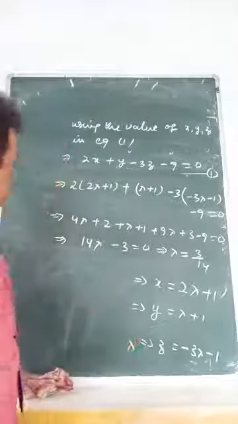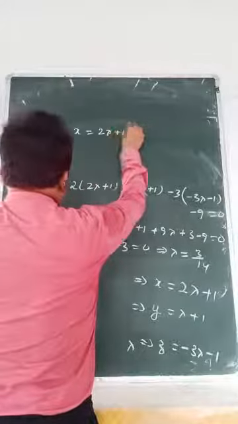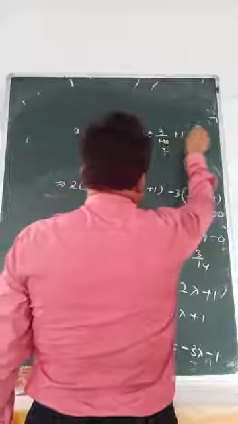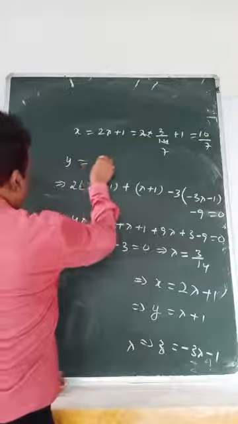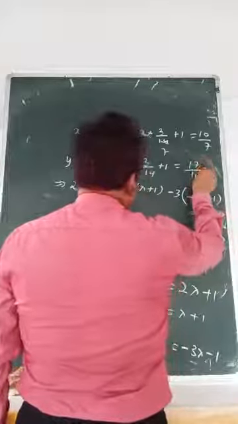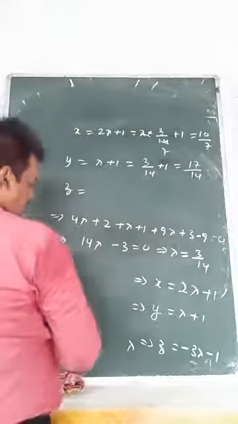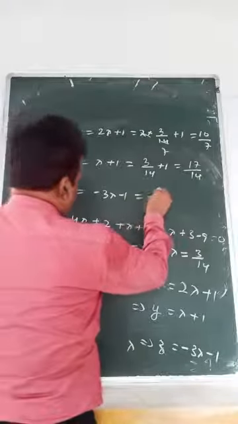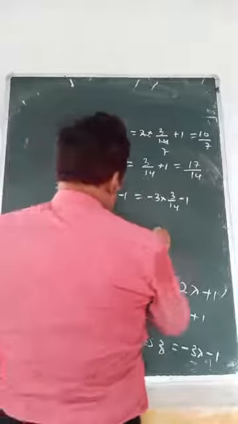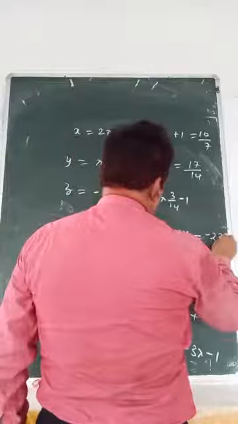Therefore x equals 2 lambda plus 1, 2 into 3 by 14 plus 1, 3 by 7 plus 1, that is 10 by 7. y equals lambda plus 1, 3 by 14 plus 1, 14 plus 3 is 17 by 14. z equals minus 3 lambda minus 1, minus 3 into 3 by 14 minus 1, 14 inside, minus 9 minus 14, minus 23 by 14.